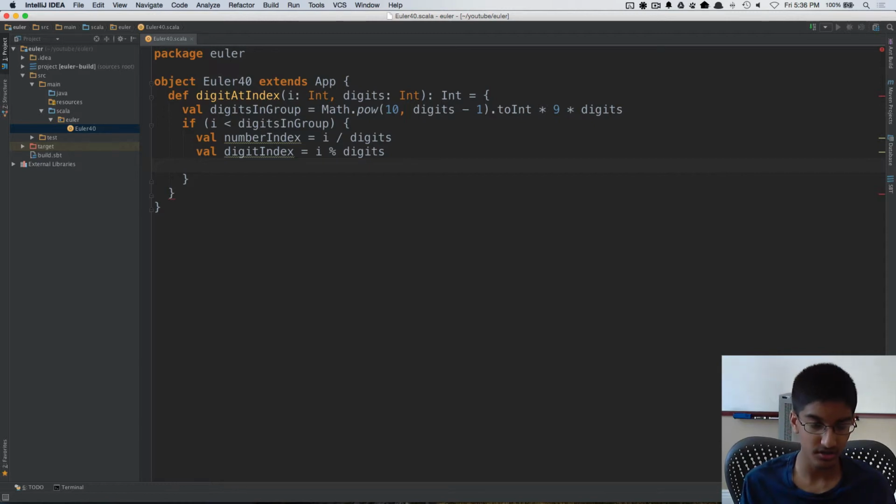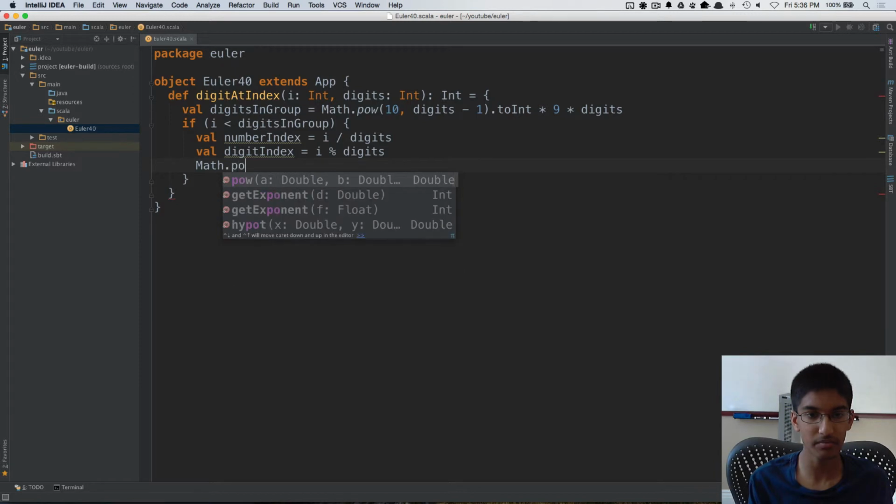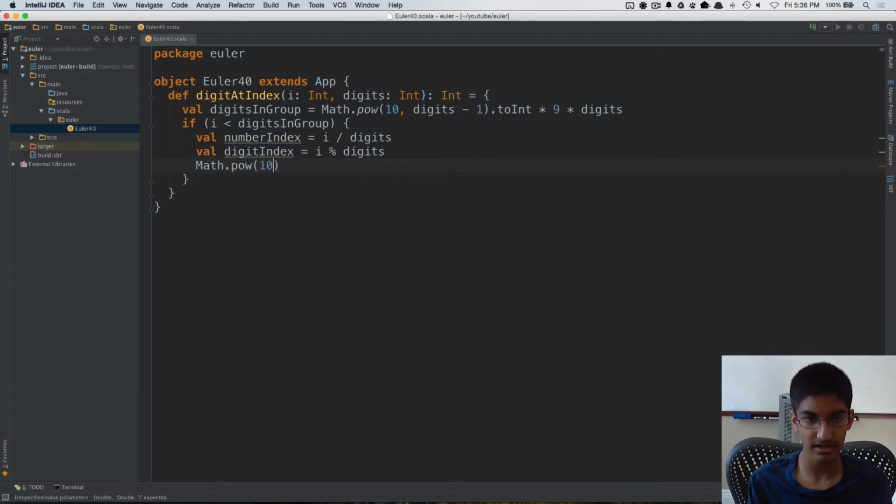Now we can go ahead and return our answer. First, we need to calculate which number is at this number index. To do that, I just do math.pow 10 to the digits minus 1. This gives us the first number in that group. Then I add the number index to this.